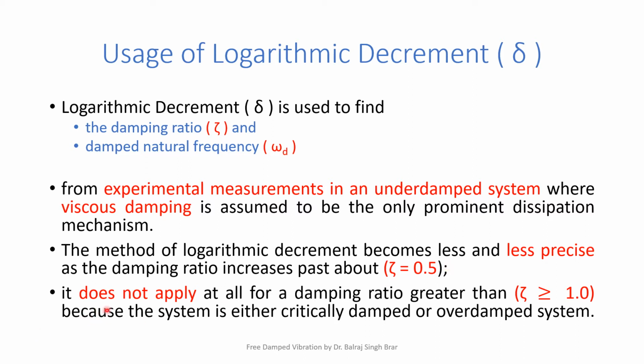It does not apply at all for a damping ratio zeta greater than or equal to 1, because then the system becomes critically damped or overdamped. So logarithmic decrement in the use of damping ratio and damped natural frequency from experimental measurements is valid for underdamped systems only.